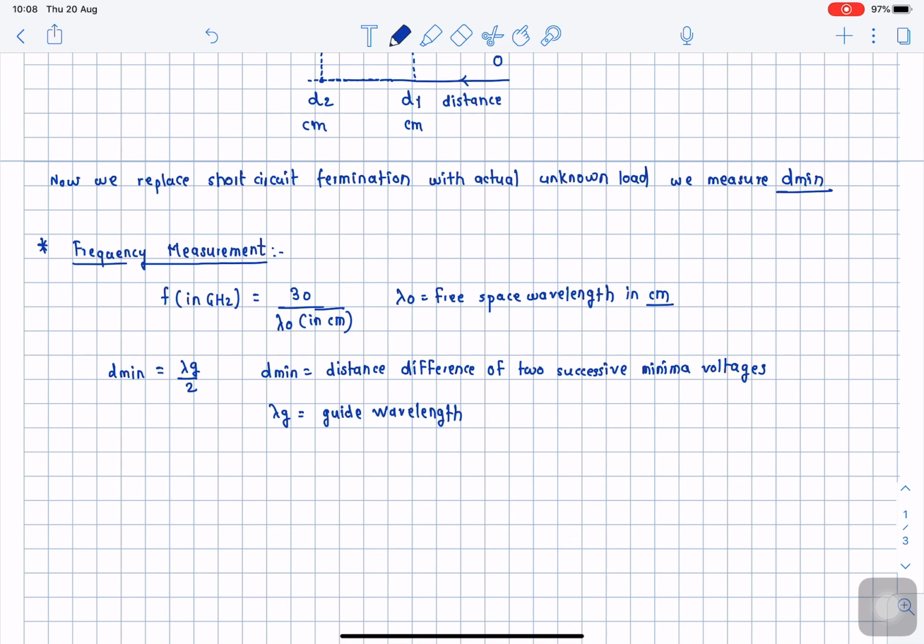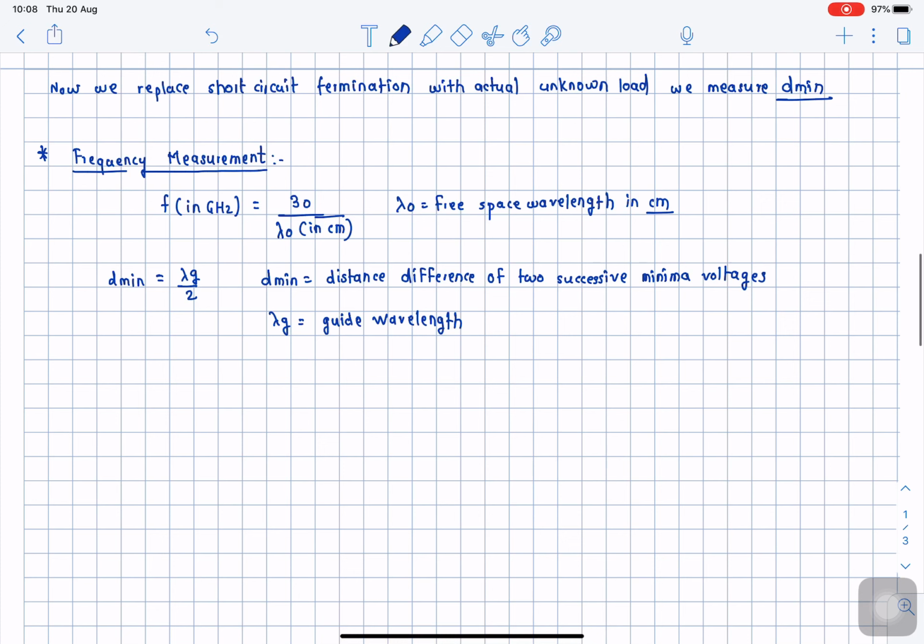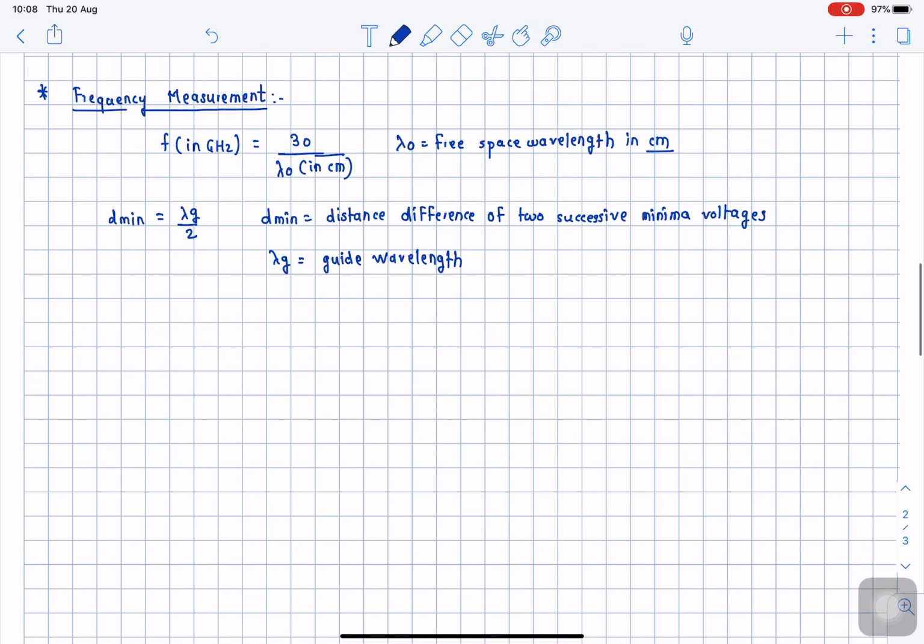Now there is a relationship of this guide wavelength with the free space wavelength. It is given by lambda g equal to lambda 0, the free space wavelength, divided by the square root of 1 minus lambda 0 upon 2a, whole square.